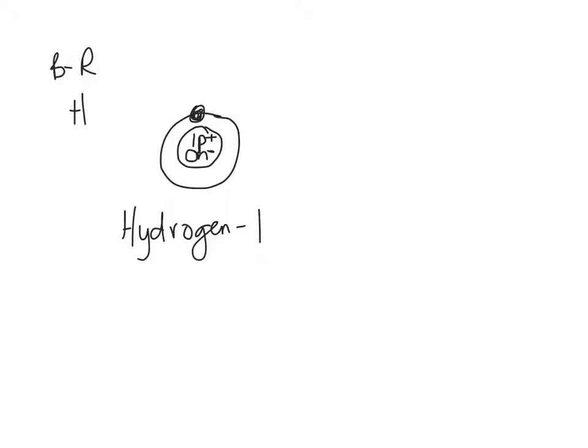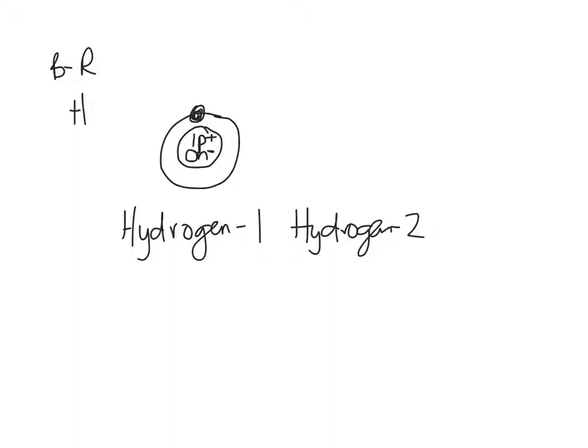We can also have hydrogen 2. You can make it. So, what does the Bohr-Rutherford look like for this isotope? Do we have the same number of protons? Yes, because it is the same element.